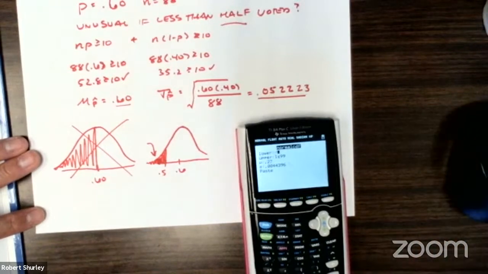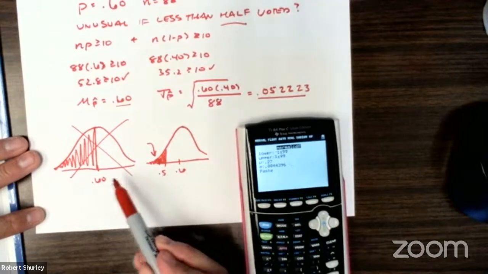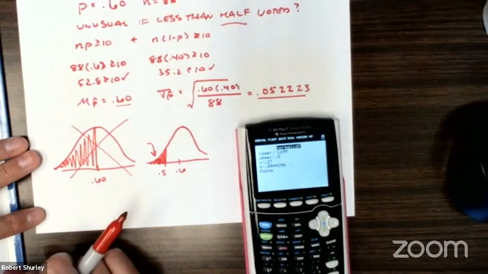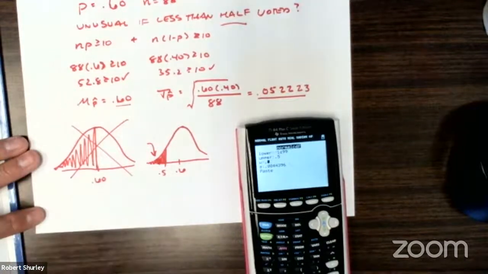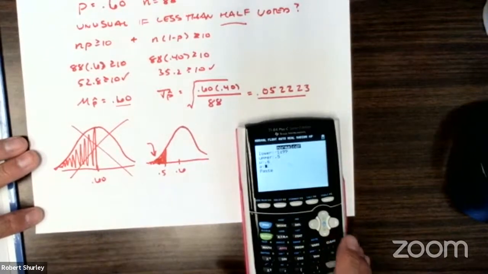My lower here is going to be negative 1 E99, right? Because it goes forever to the left. It's going to stop at 0.5. My mean we know is 0.6 because it says 60% of voters come out to vote. And my standard deviation is 0.052223.